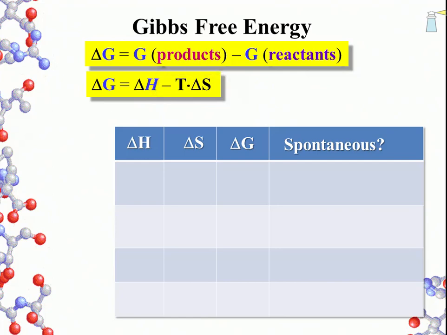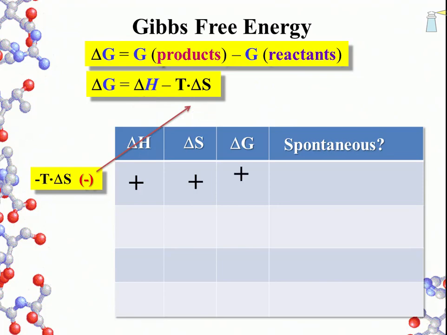Question: is a reaction spontaneous if both terms, change in enthalpy, change in entropy, are positive? Since delta S is positive, minus T delta S is negative. Looking at the equation strictly from a math perspective tells us that spontaneous depends on the size of the terms. If a positive delta H is larger than a minus T delta S, which as a term is negative, then delta G will be positive.